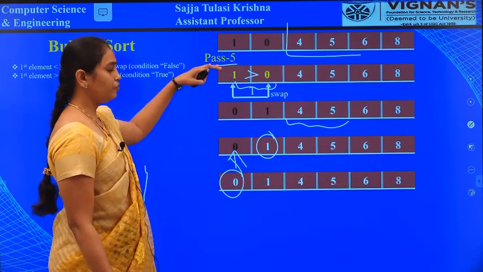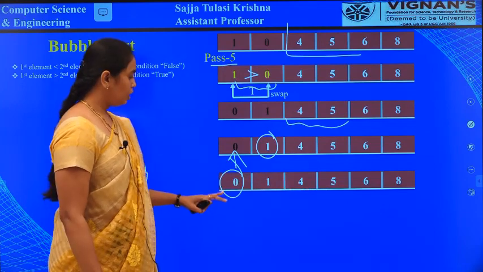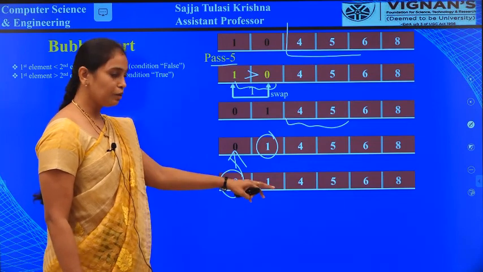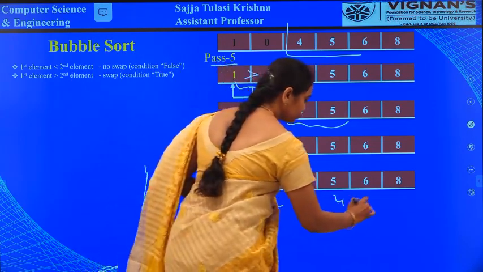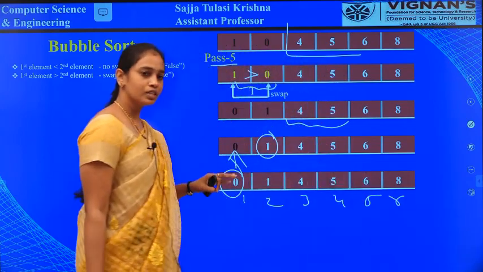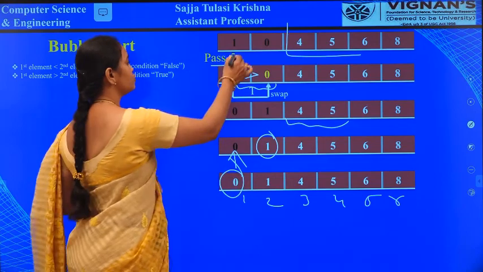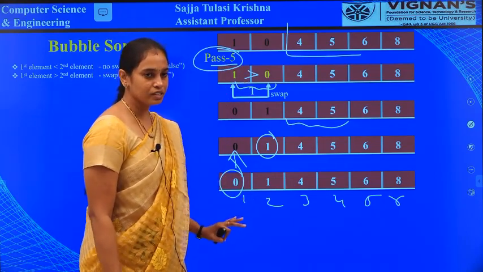So for five passes, we have to complete until all the elements are sorted in the right way. How many elements are present in the array? 6 elements. For 6 elements, how many passes do we need to complete the sorting? 5 passes.